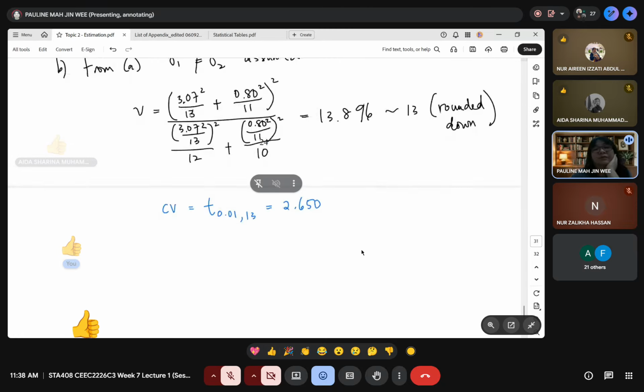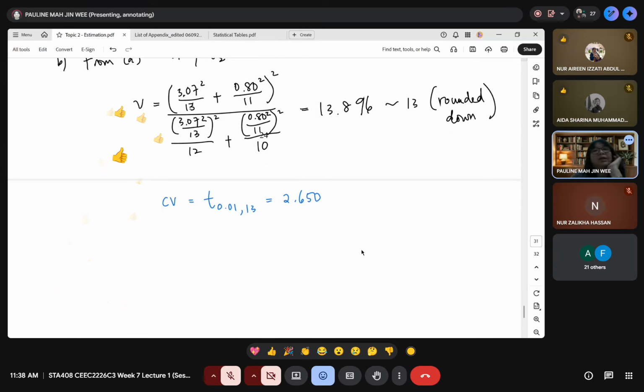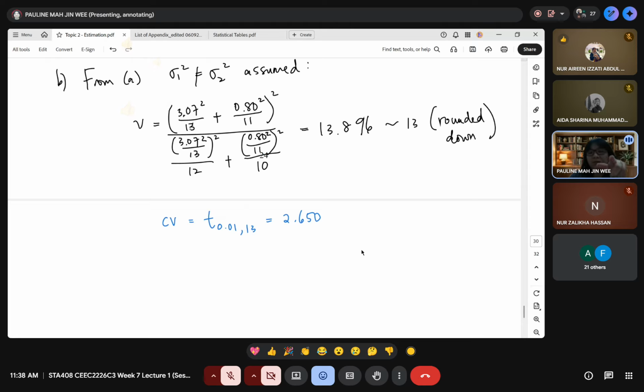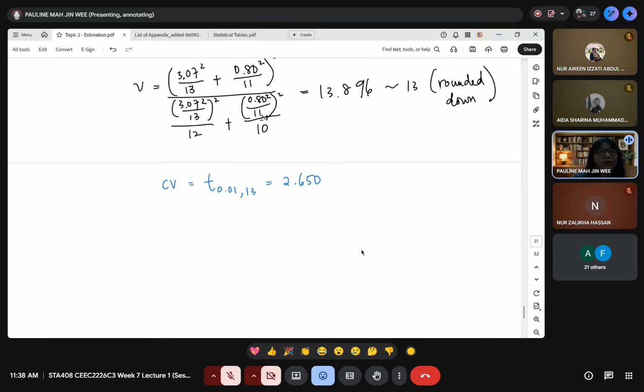Okay, very good. So now we've got the degrees of freedom, we have got your critical value, we are ready for our confidence interval.